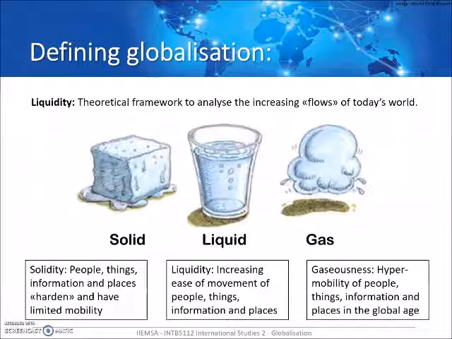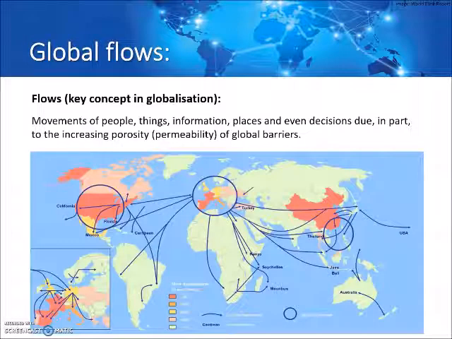Now, another key concept in the definition of globalization and in how we understand globalization is that of flows, right? And flows is literally the movement of people, of things, of information, even of places, and even of decisions. Mainly due to the fact that there are less barriers, right? There's more porosity, more permeability of global barriers.